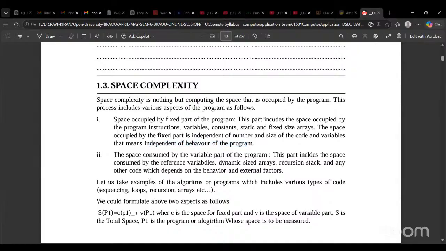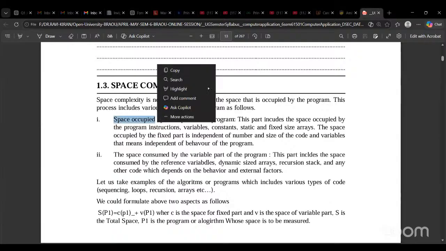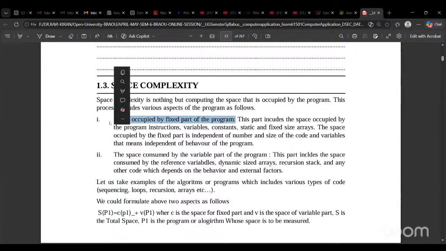Because a program contains so many parts, in the fixed part these things will come: program instructions, variables, constants, static and fixed size arrays.